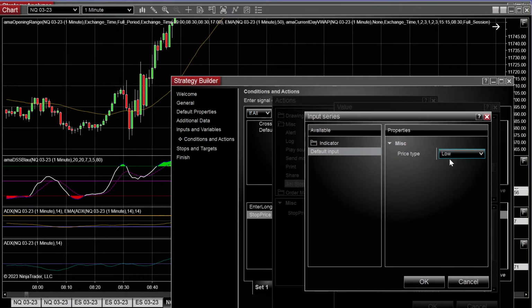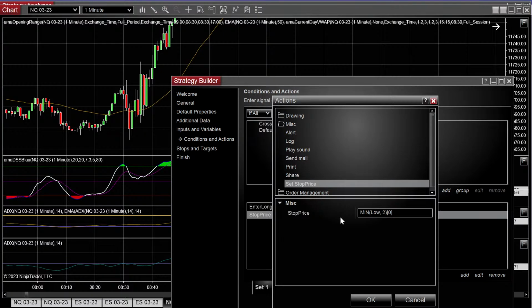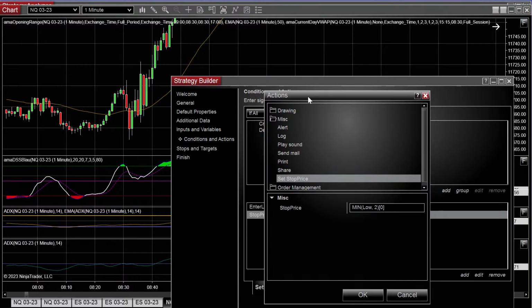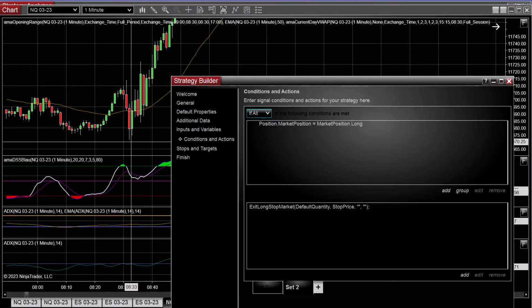The minimum low, which is the 2-period low. It literally just plots a line, the lowest. You've got low and max, whichever one you want. So we're long, we plop our stop price, 2-period low.